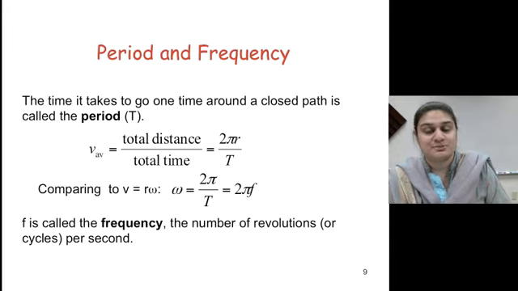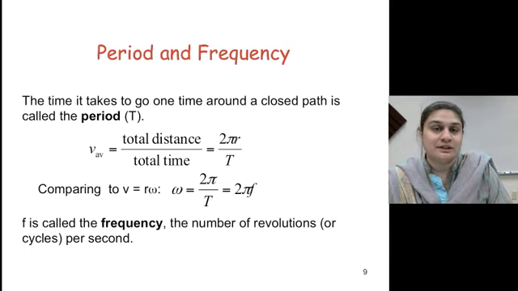Total time, if it's the period, is going to be called T. So if you compare it to V equals r omega, omega becomes equal to 2 pi over T, which equals 2 pi f, where omega is called the angular frequency and f is called just the frequency. And it is always equal to the number of cycles per second. And the unit of frequency is the hertz.